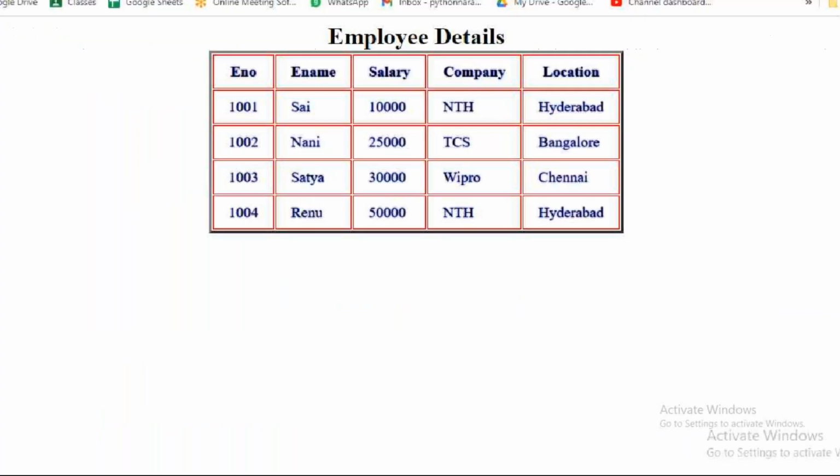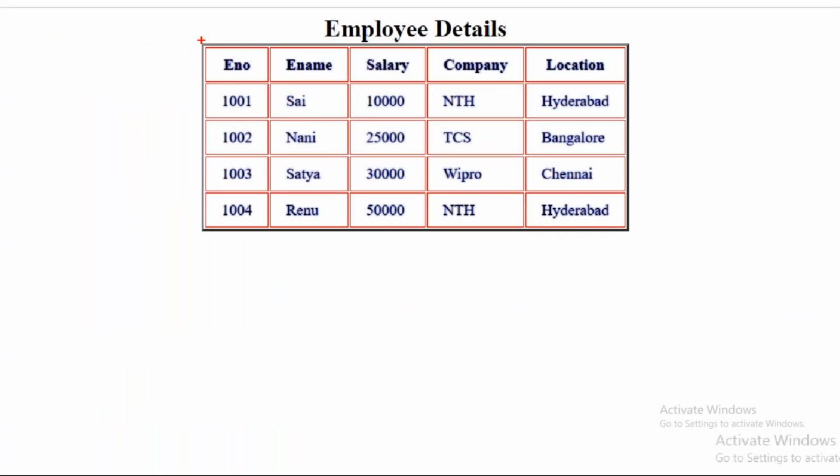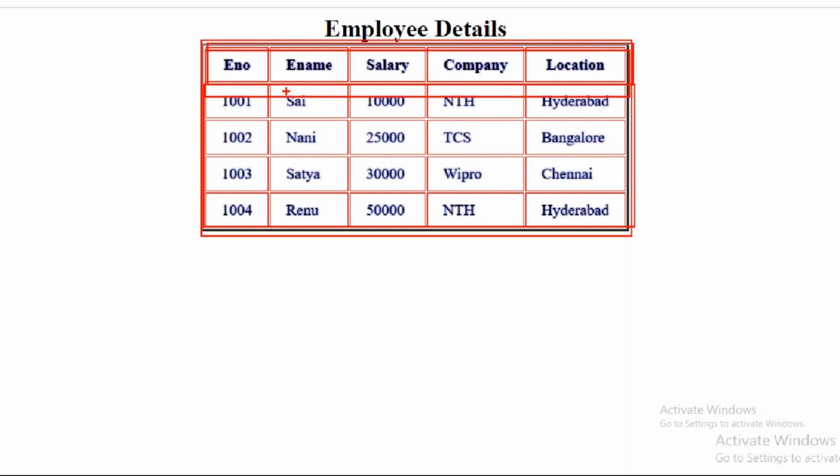Tell me now, guys. Does it apply for the entire table box or entire row, T head box, T body box, or row box, or TH TD box?